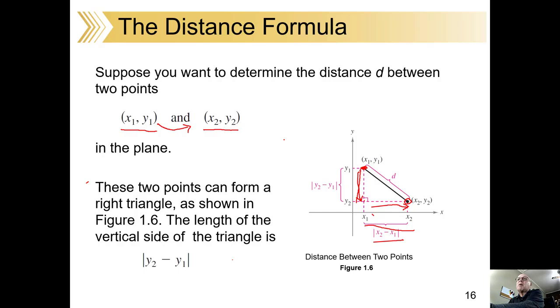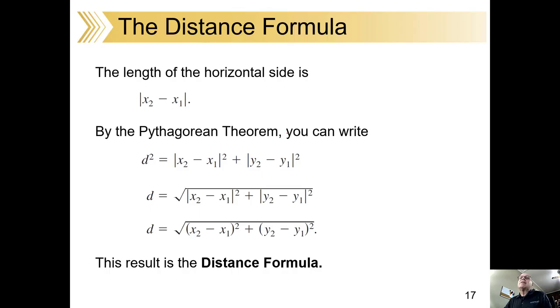The y sub 2 minus y sub 1 represents the other leg. So when we get to the distance formula, this part is going to represent the horizontal distance, the horizontal leg. This will be the vertical leg.